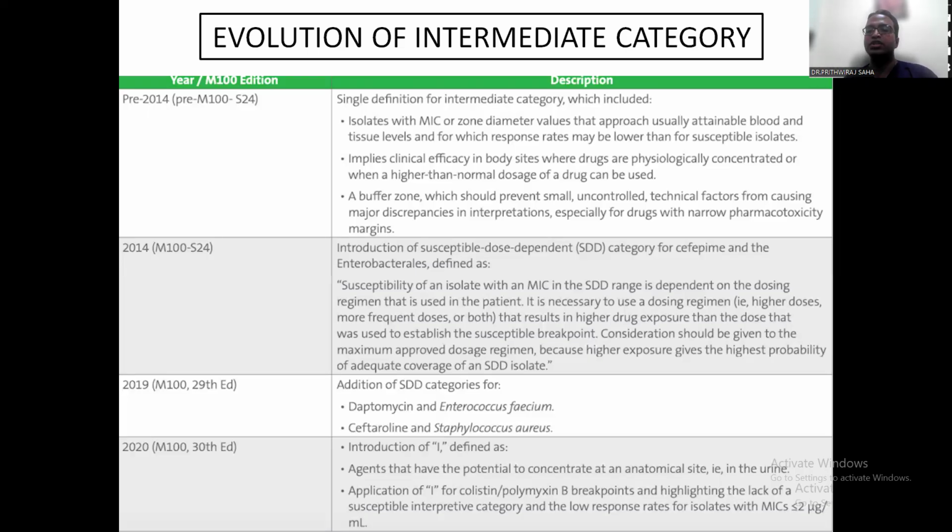Very clear? So this is the takeaway message from this slide. Please don't confuse it with polymyxin and colistin. We will be coming to that in the coming slide. I am talking about the intermediate category for the general drug, right?